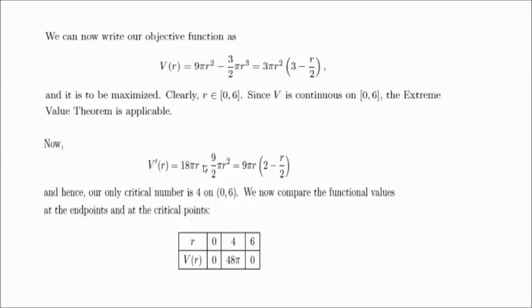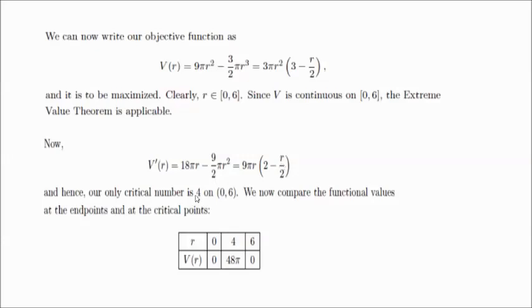Right? So differentiate. When we differentiate this, class, that is 18 pi r. And then bring down the 3 here, 9 over 2 pi r squared, because minus 1. Now, factor out the 9 pi r here to make it easier to get the critical number.